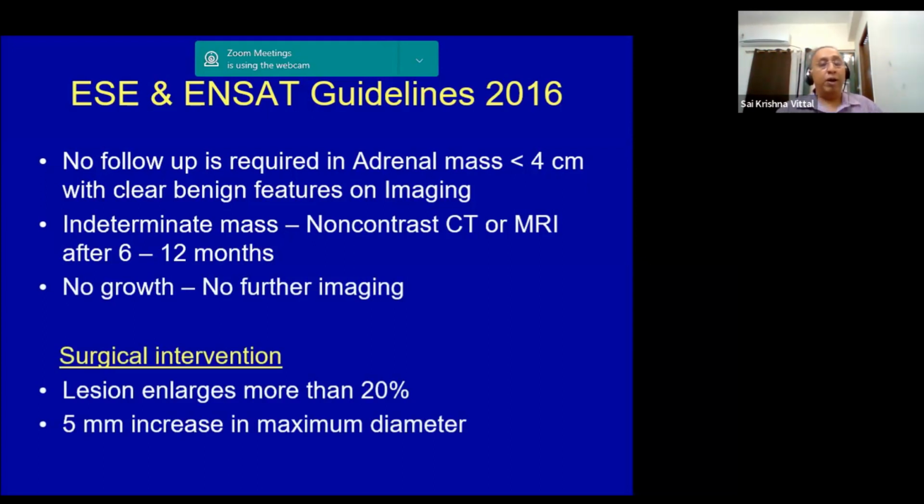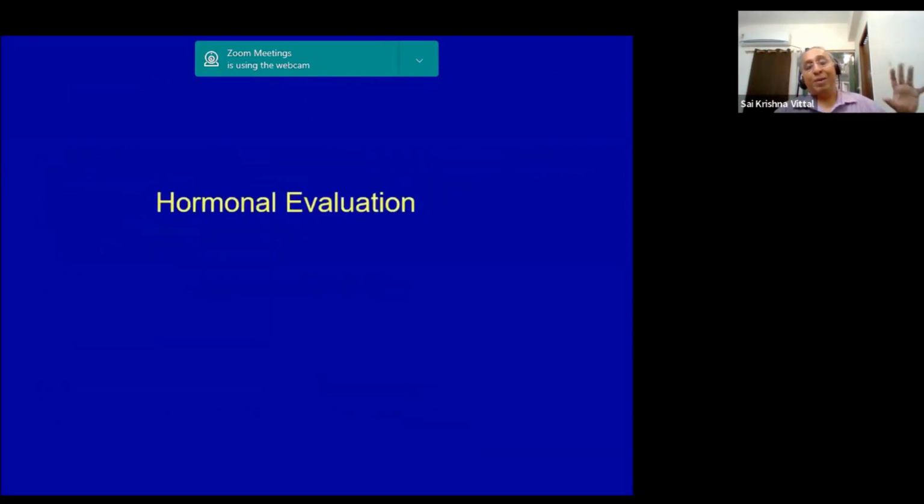If you do imaging after 6 to 12 months and there is no growth, then no further imaging is required. If you do a repeat imaging and the lesion enlarges by more than 20 percent or there's a 5 millimeter increase in maximum diameter, then you will offer surgery to the patient. This is based on imaging.